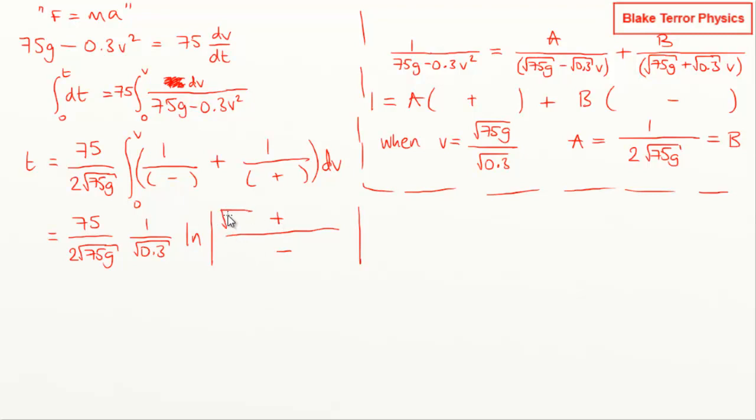So let's actually write it in this time. Square root of 75g plus square root of 0.3 times v, and then the same thing again, but with the minus in the middle. So if we can rearrange all of this and make v the subject, which isn't going to be that hard to do, then we've got ourselves a function of velocity with respect to time.